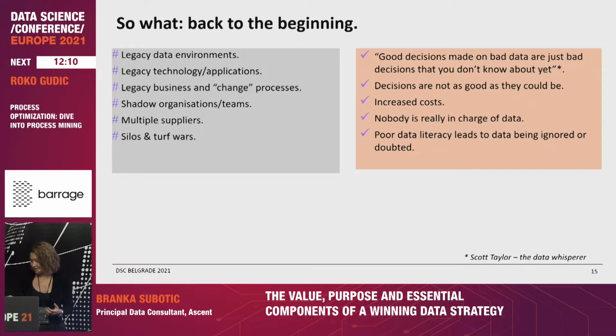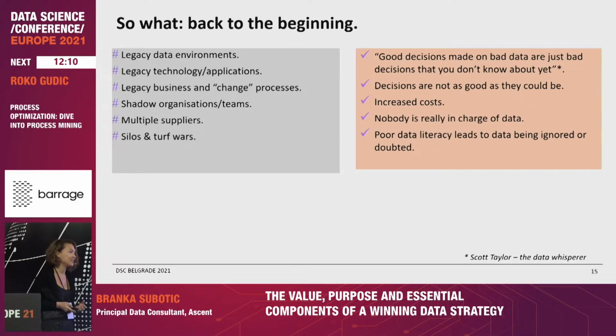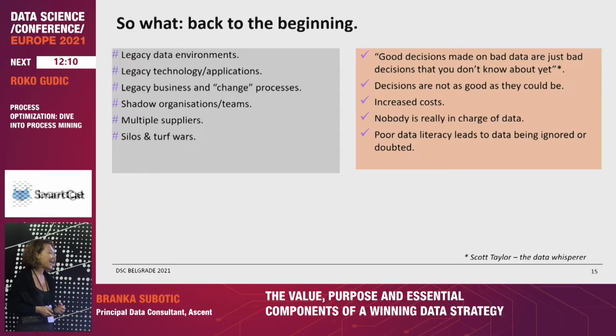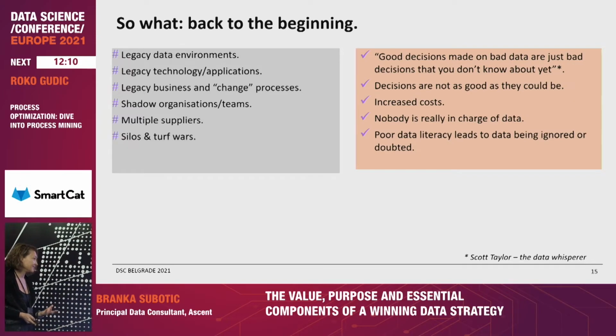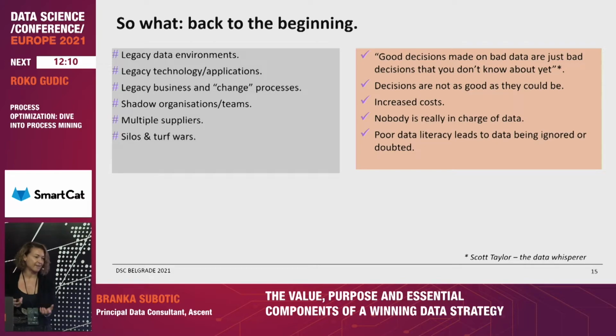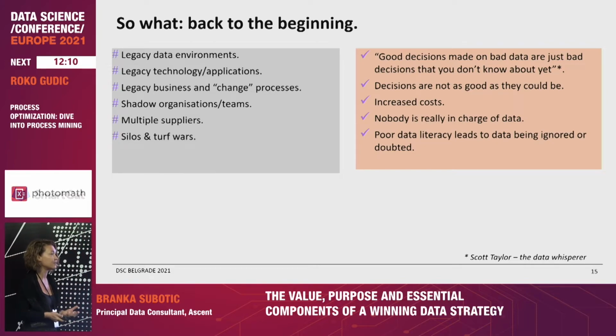This is by Scott Taylor. Check him out. He calls himself the Data Whisperer. And it's really true, because a lot of organizations will not have decisions that are as good as they can be.